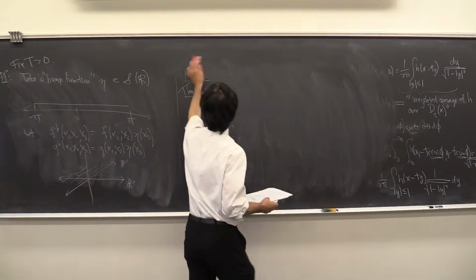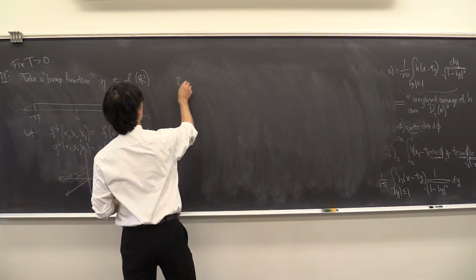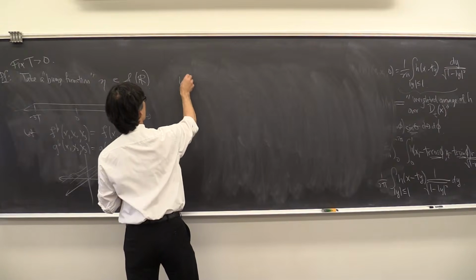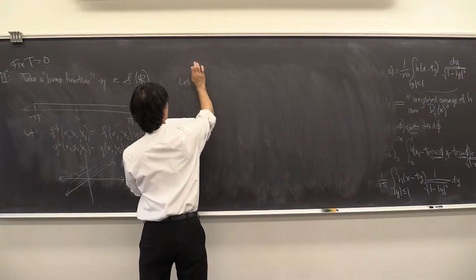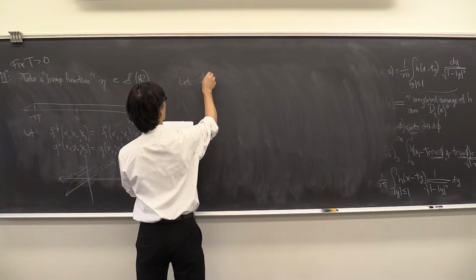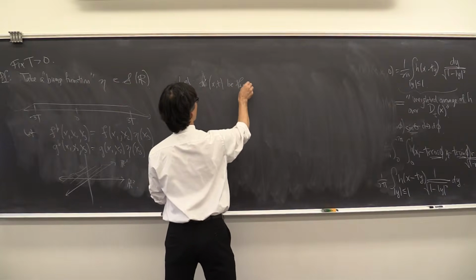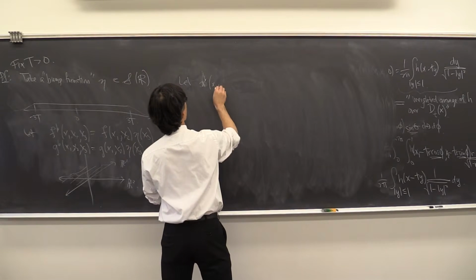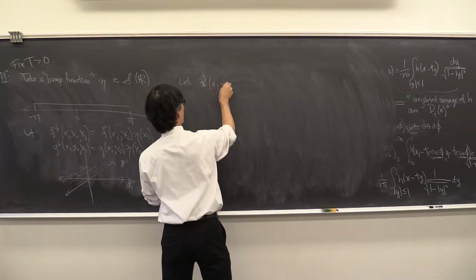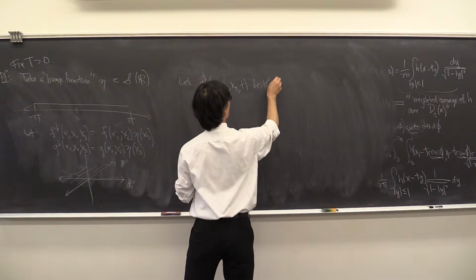Okay. Now, recall. So now let u flat of (x, t), this is x1, x2, x3, t, be the solution from before.